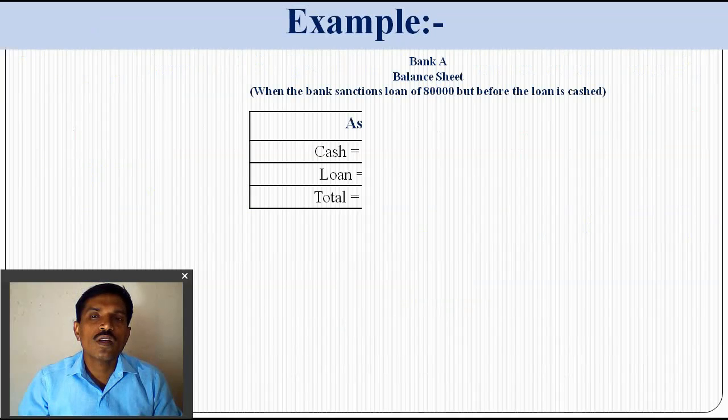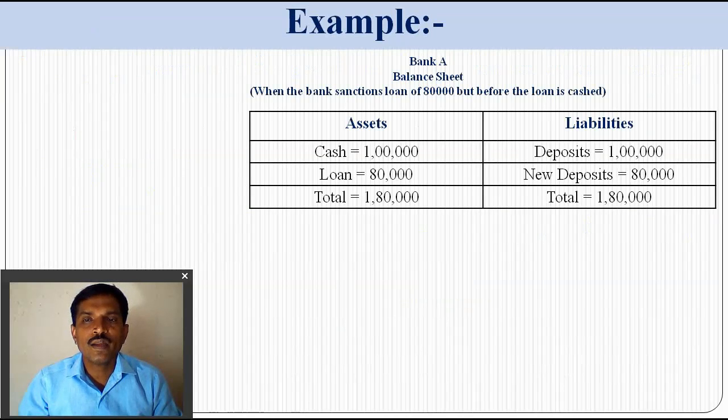So in the balance sheet of bank A, there is cash in hand of 1 lakh rupees, and on the liability side 1 lakh rupees. A loan is given to other customers of 80,000 rupees, because 20% is the CRR, cash reserve ratio. So the new deposit, the derived or secondary deposit created, is 80,000 rupees.